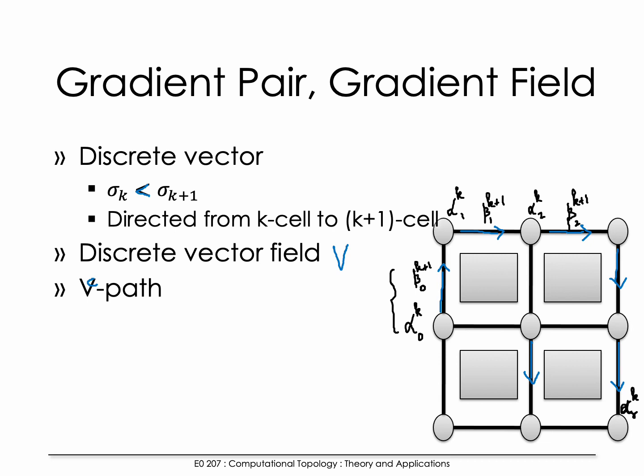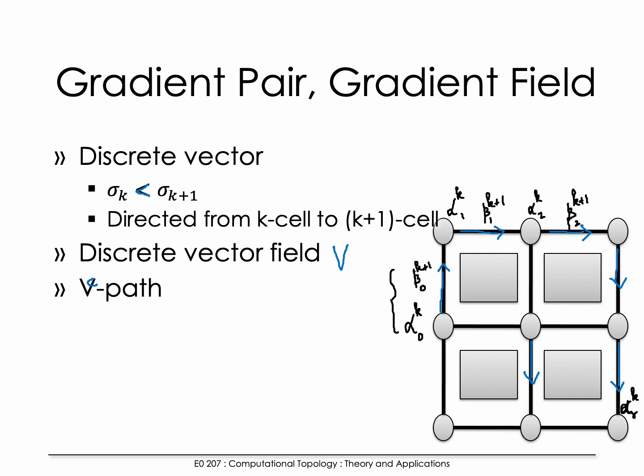Namely, alpha sub 0 is a face of beta sub 0, which is obvious, but alpha sub 1 is also a face of beta sub 0. So you can quickly see that this V path captures the notion of an integral line, or it is at least similar to an integral line.